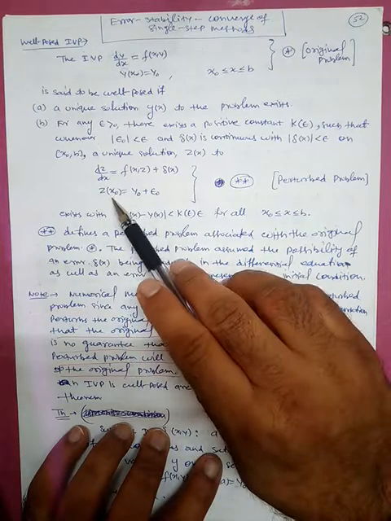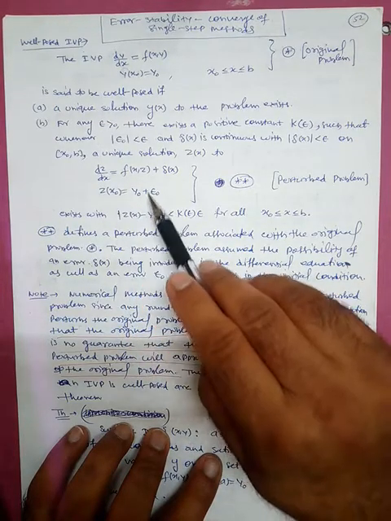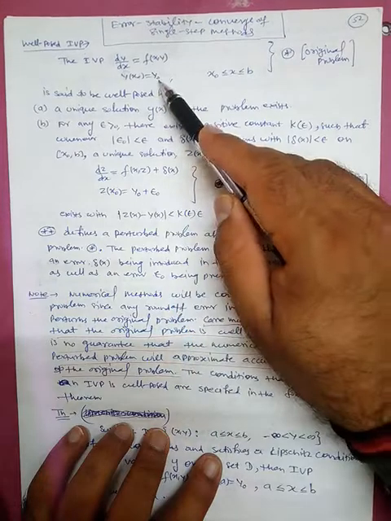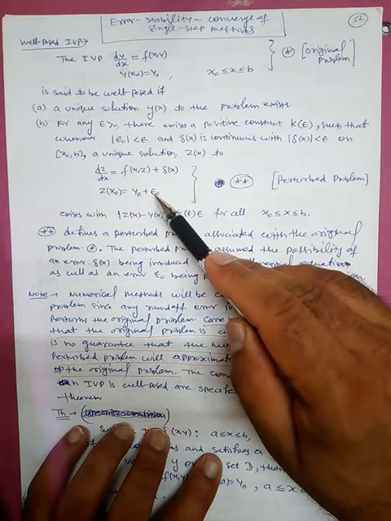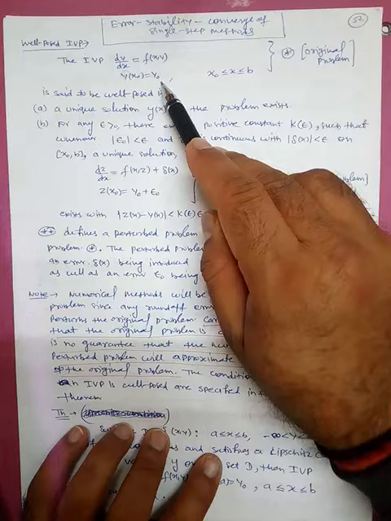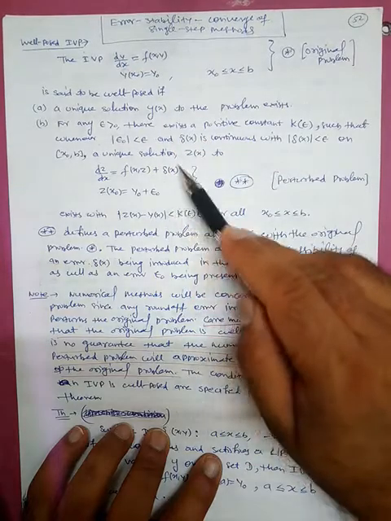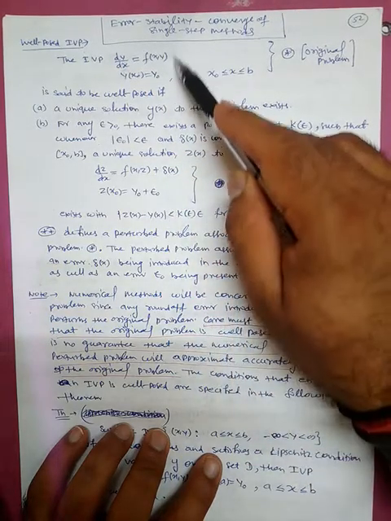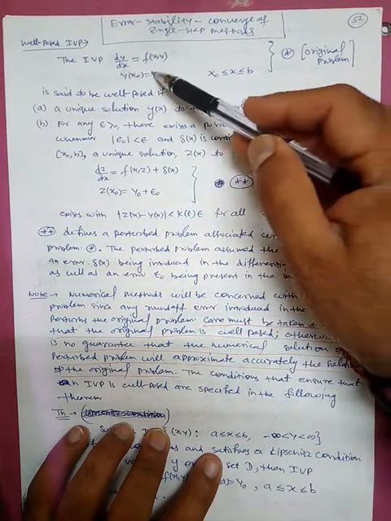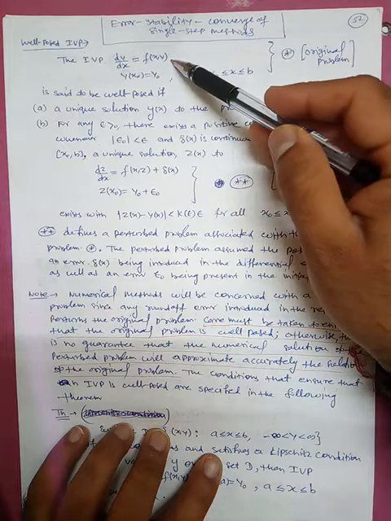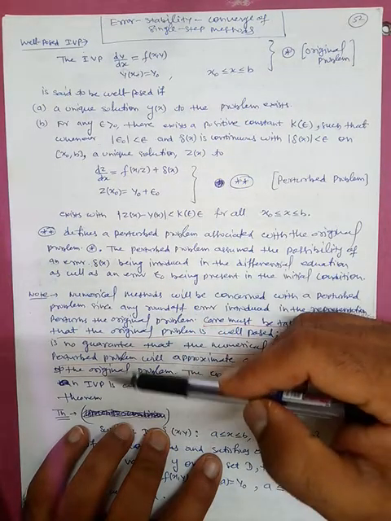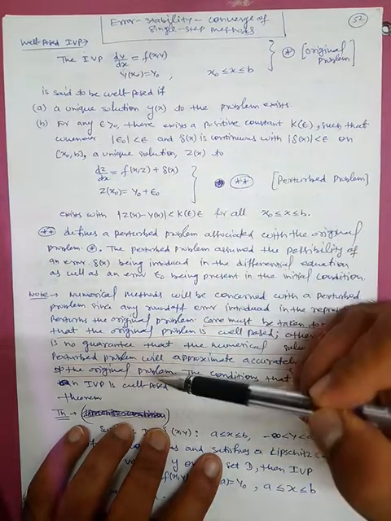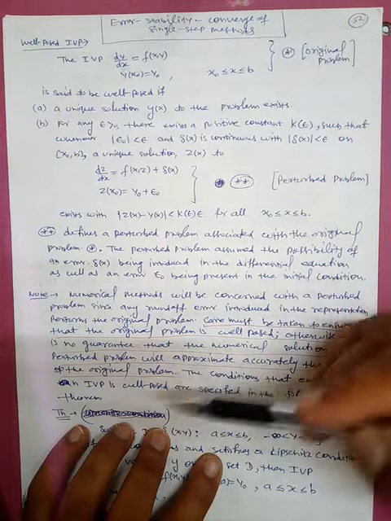The initial condition has this error, because here we have y naught, and here we have y naught plus epsilon naught. This is the error introduced in the initial condition, and similarly this is the error introduced in this equation. So when we introduce some error here, we get this perturbed problem. This is the perturbed problem, this is the actual problem.